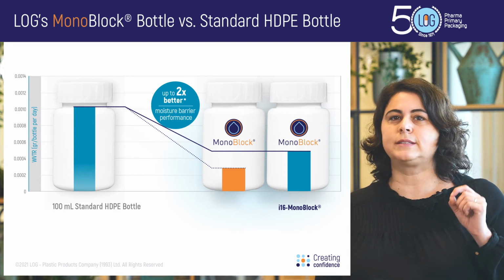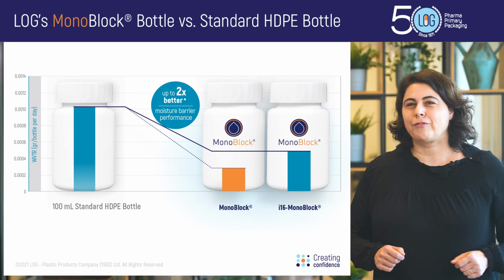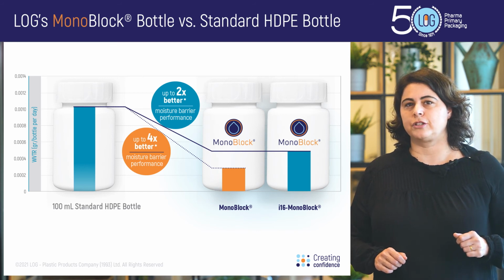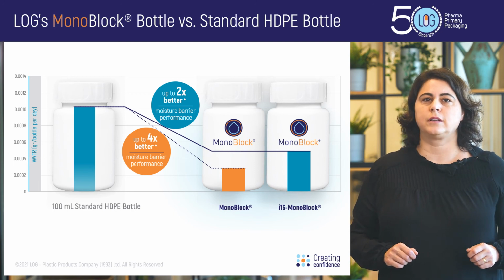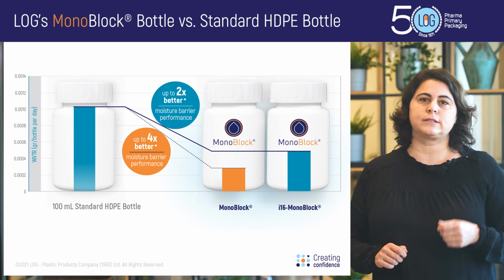Remember, it means slower permeation rate. The Monobloc family can give you up to 4 times more protection than standard HDPE product, which means even slower permeation. You should consider that wall thickness and weight are increased accordingly.